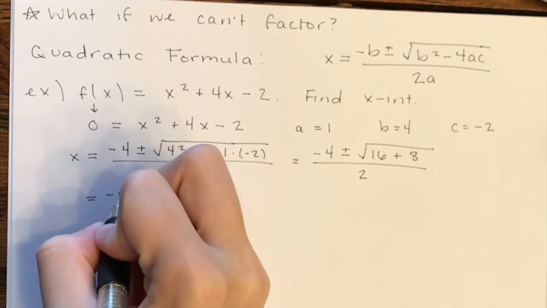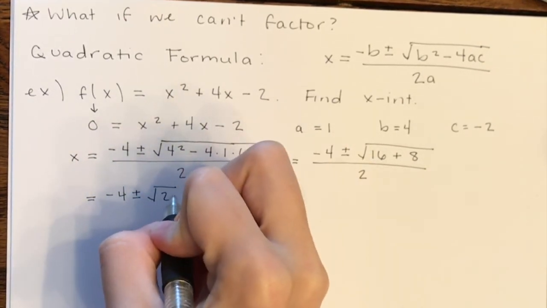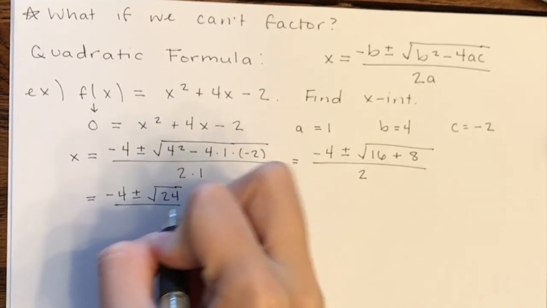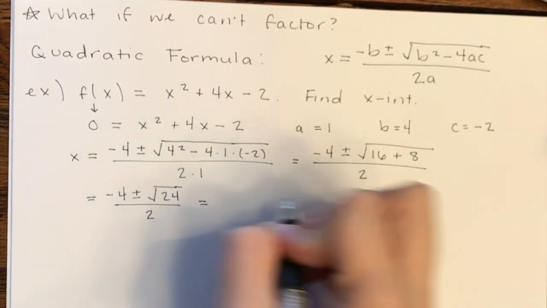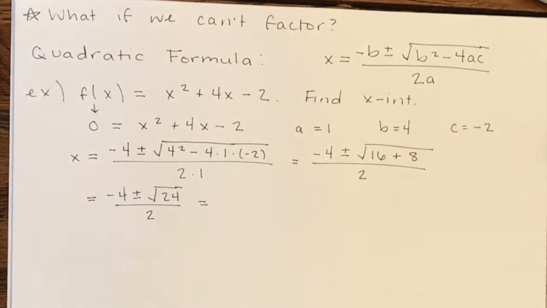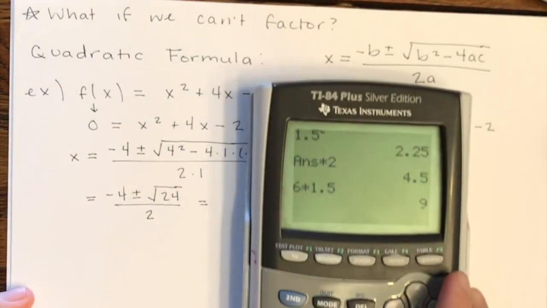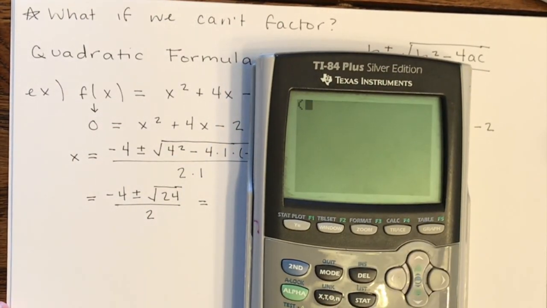We add what's underneath the radical together. We get the square root of 24 all over 2. We plug this into our calculator. We have to be very careful with our parentheses because we want the stuff on top to all be divided by 2, which means we need parentheses on top.